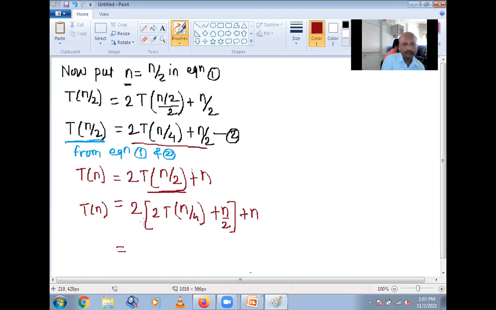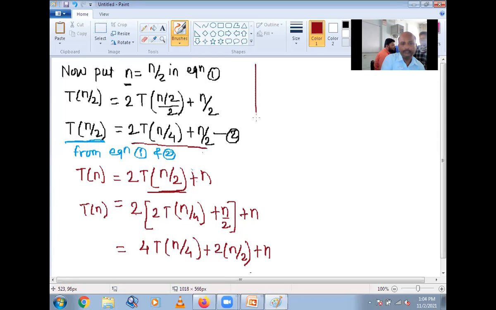So multiplying by 2 in this bracket, we get 4 T of n by 4 plus 2n by 2 plus n.